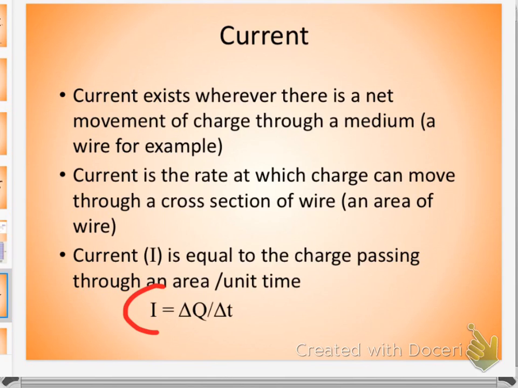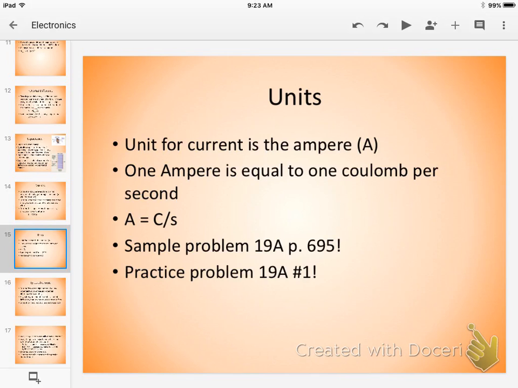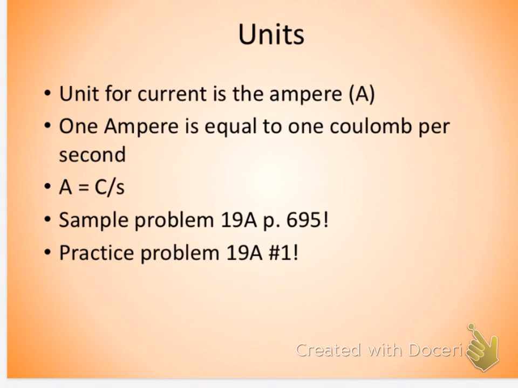So current is shown in equations as the variable I, capital I, and it is the change in charge per unit time. So how much charge, it's a rate. Current is a rate. And we'll get into all the water analogies for current. Okay. So amps are what we measure current in. 1 amp is a coulomb per second, capital C over S.